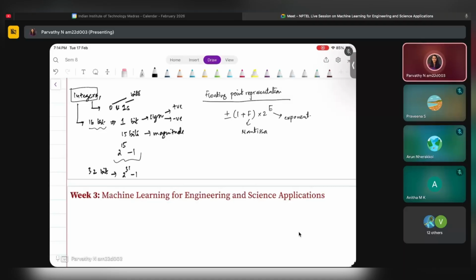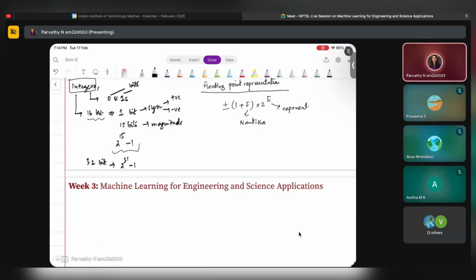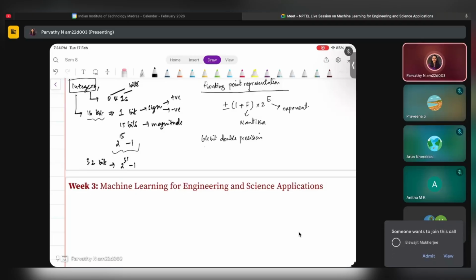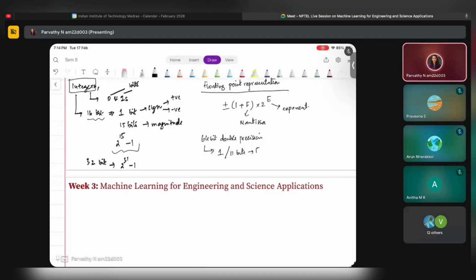This is the standard IEEE standard. In this, there is something called 64-bit double precision. When it is 64-bit, it is double precision. When it is 32-bit, it is single precision. For 64-bit double precision, you will have 1 bit for sign, 11 bits for the exponent part, and 52 bits for the mantissa part.